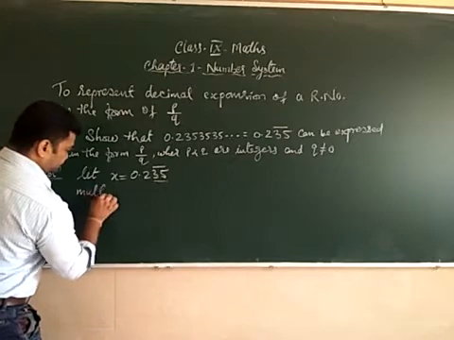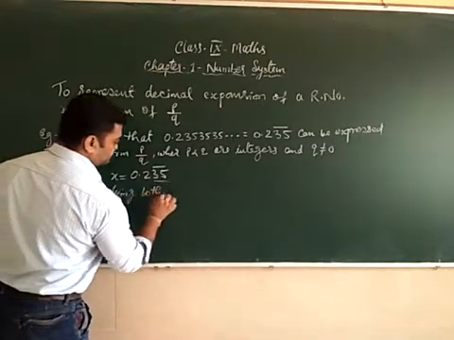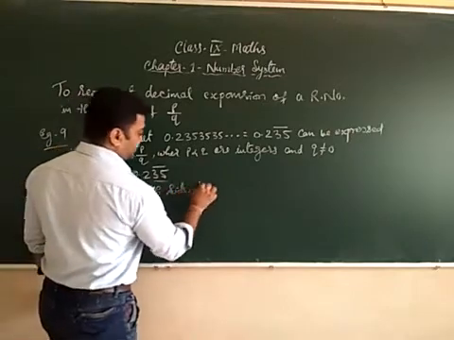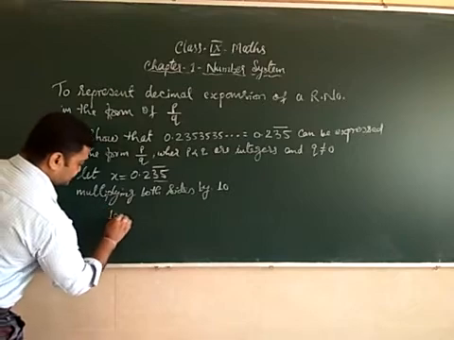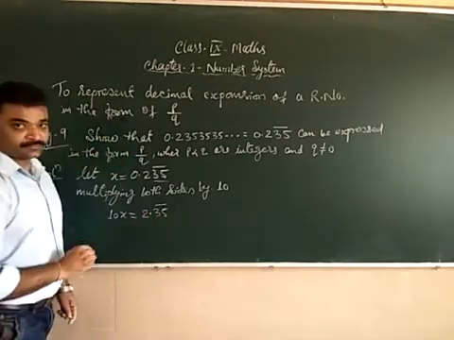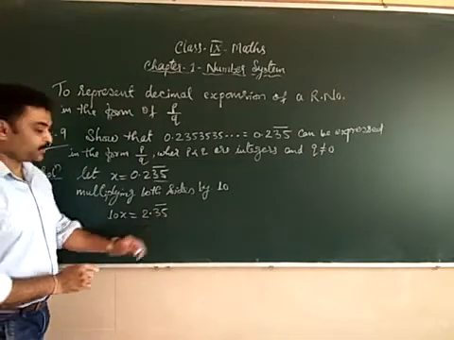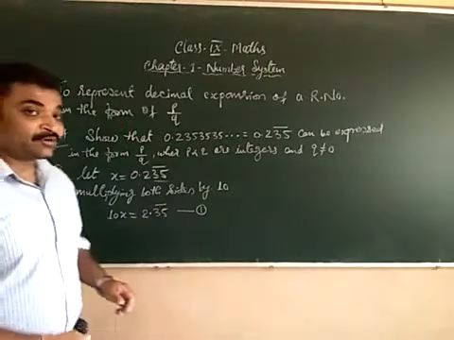So multiplying both sides by 10, what we get? 10x is equal to 2.35 bar. This is our equation number 1. Now, students, what we do?